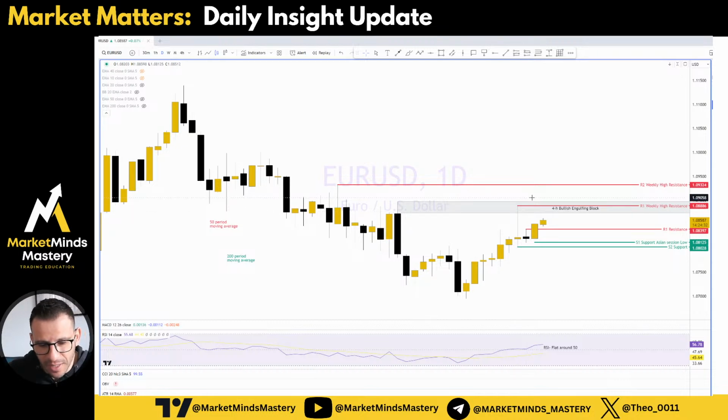The fact that the market created this rejection right at this area of a refined bearish engulfing block: we started from the daily, then we drew down to the 4-hour chart, then to the hourly time frame, and we refined this bearish engulfing block. But the name here should be bearish and not bullish, so let's change it.